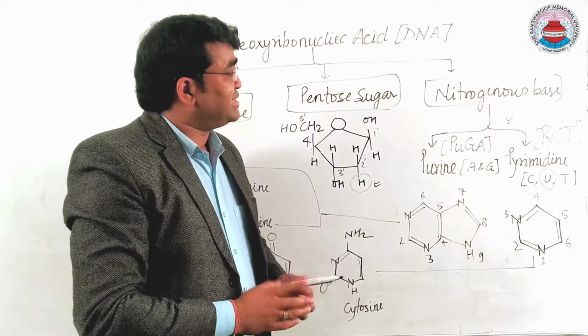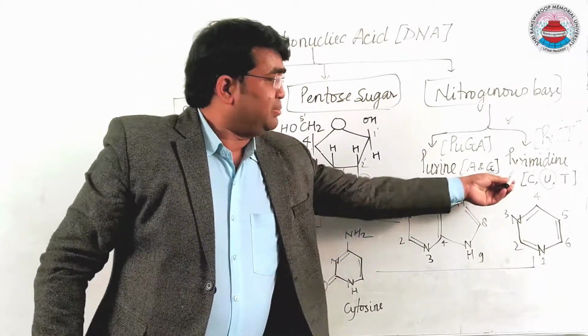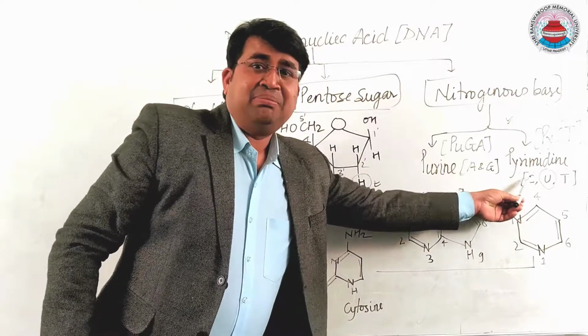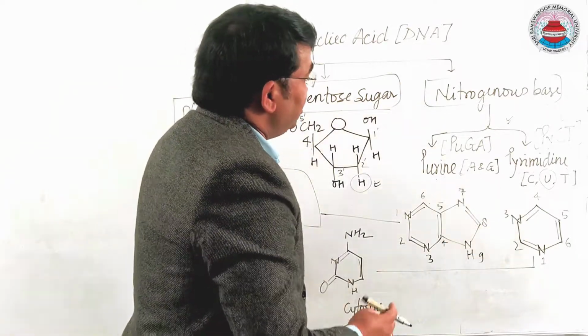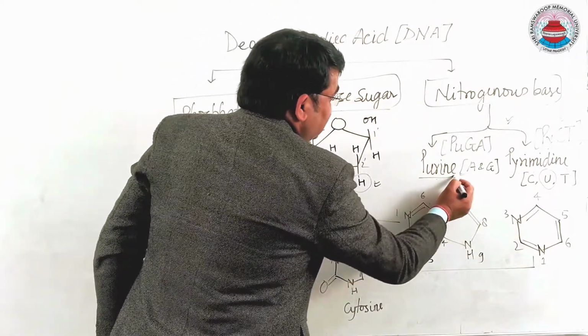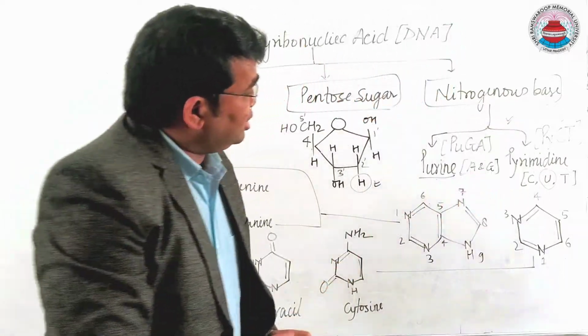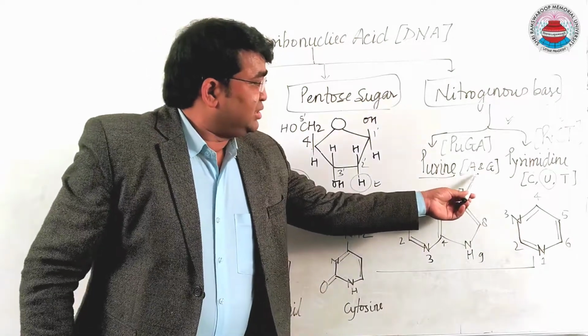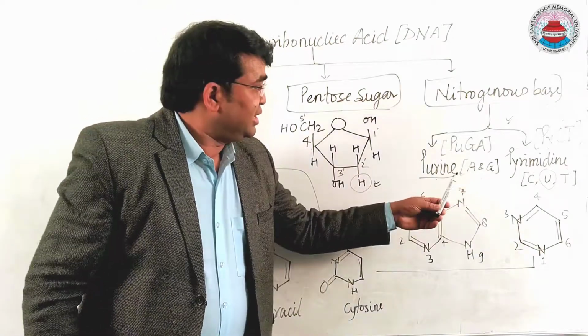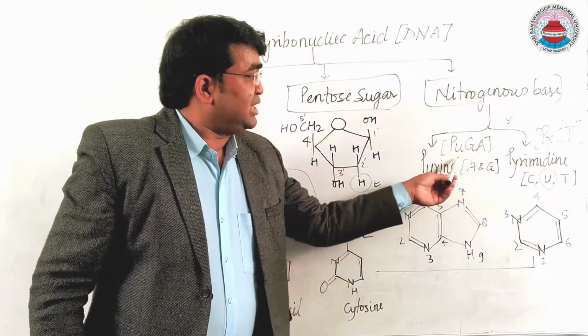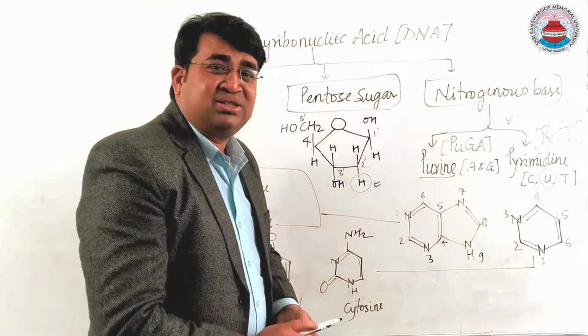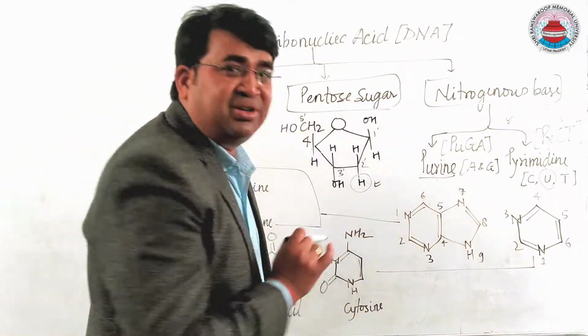So nitrogenous bases are of two types, purine and pyrimidine. Now the purine nitrogenous bases are adenine and guanine. To remember this, I use the name PUGA, because the students are very fond of the names of girls.